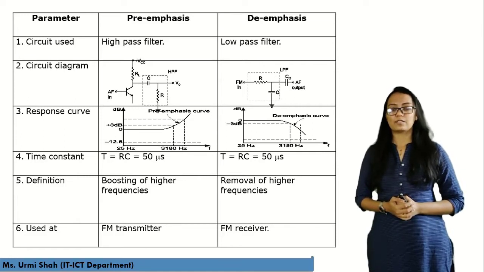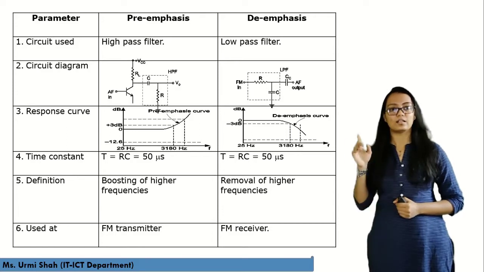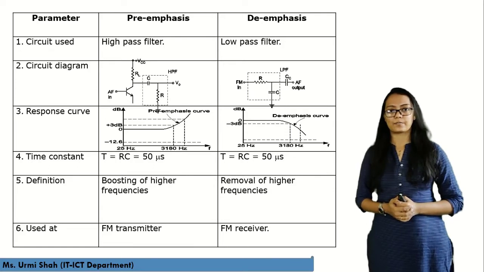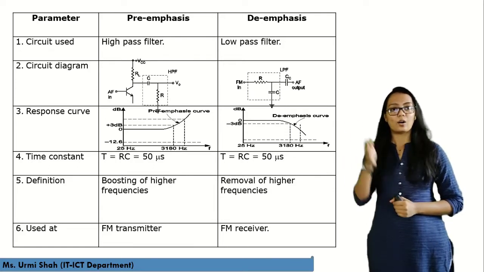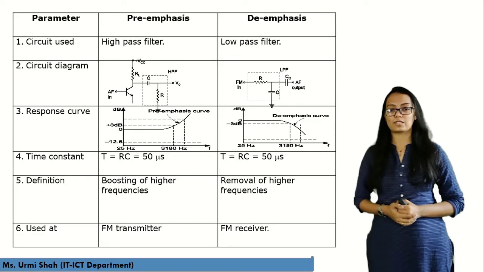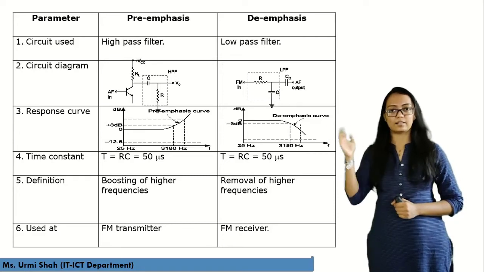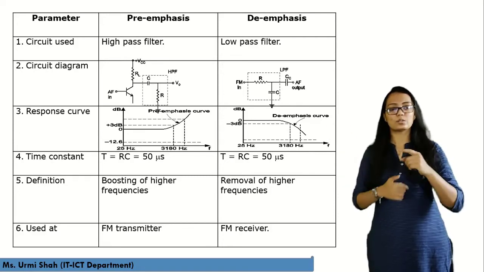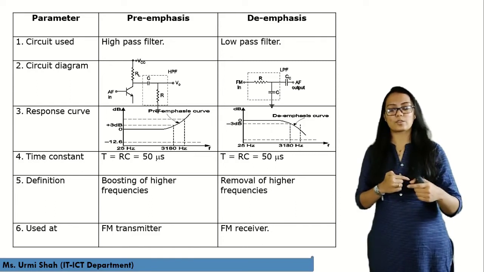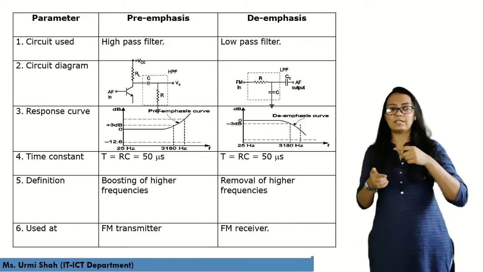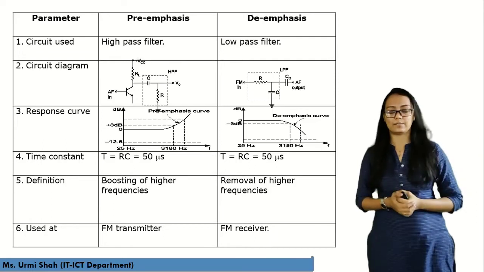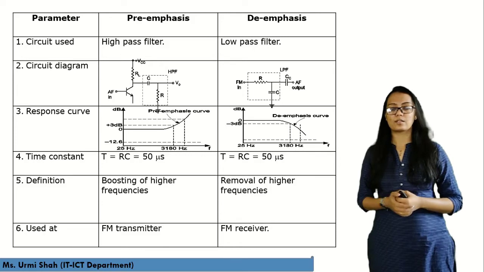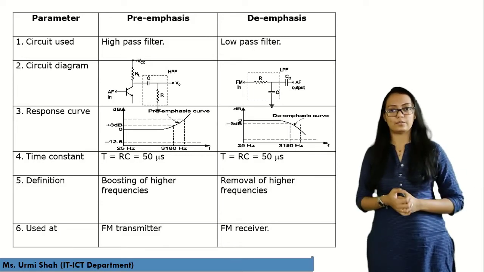Basically, the pre-emphasis process uses the high pass filter. The de-emphasis process uses the low pass filter. The circuit diagrams of pre-emphasis and de-emphasis you can look at here. The response curve is also the opposite. In the response curve of pre-emphasis we will have a rising of frequency, while in the de-emphasis response curve, we will have a falling down of frequency.